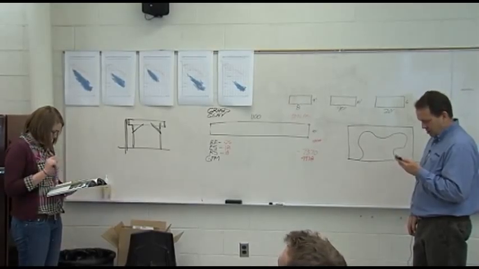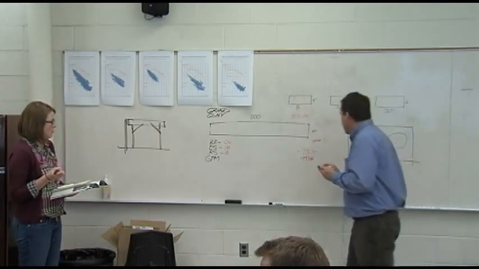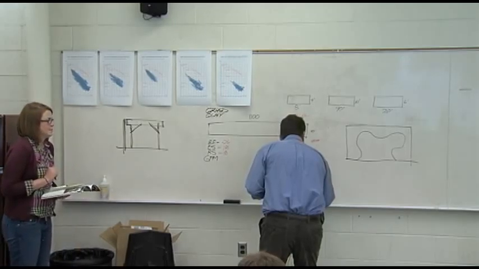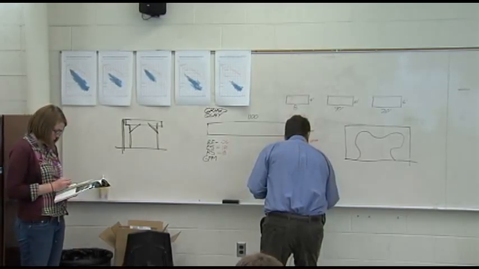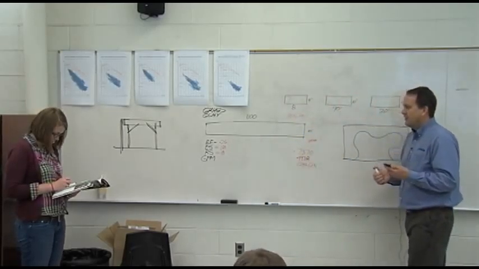Which equals 1,284. 1,284. Okay. And that's GPH, right? Yeah. Now what do we do? Divide that by 60. Okay.